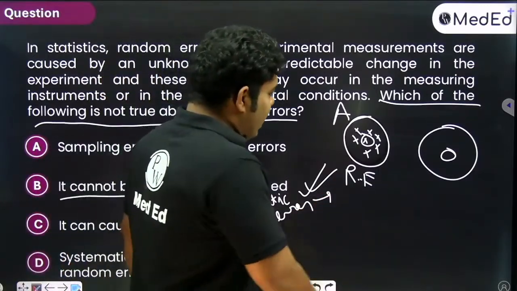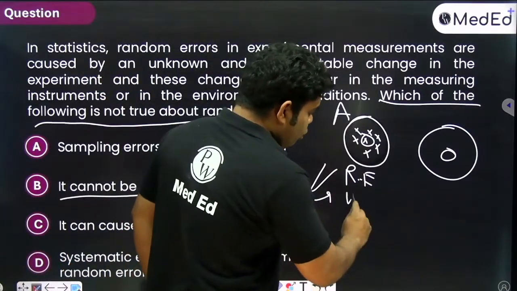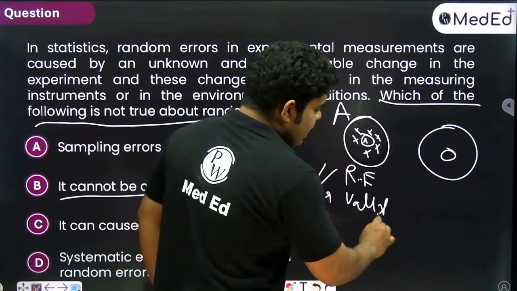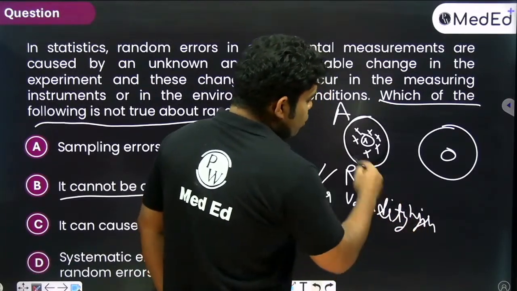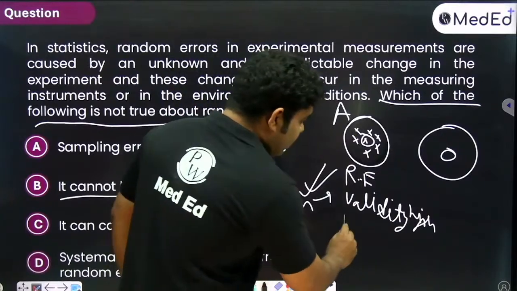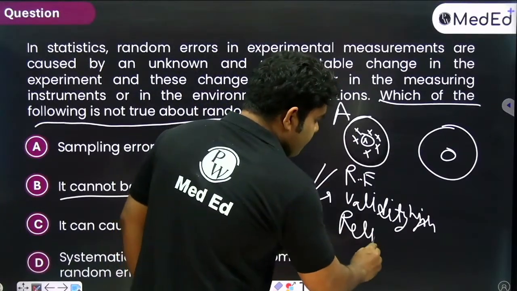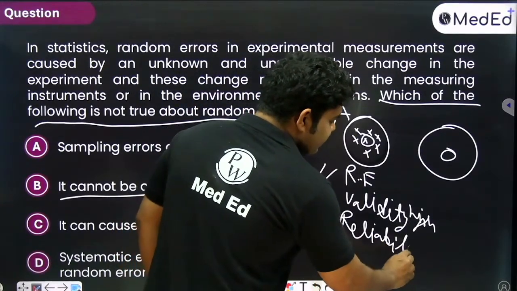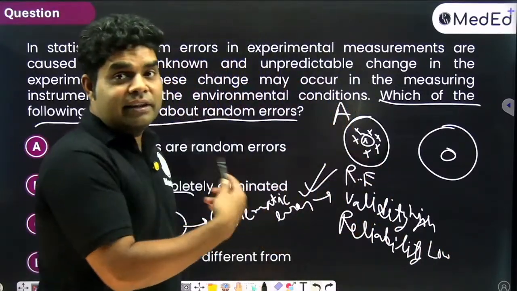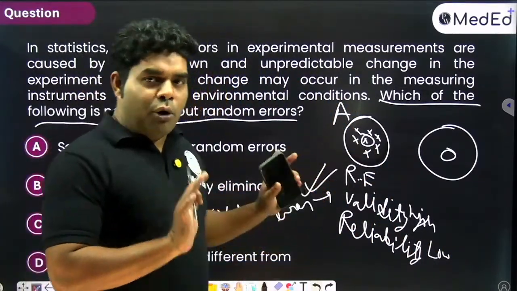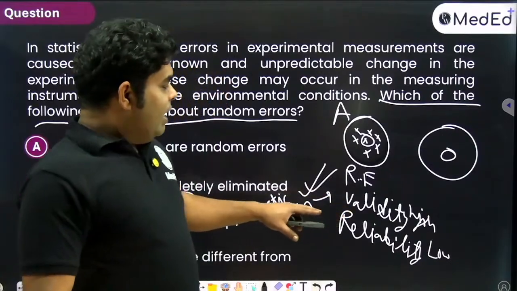And in this case, A knows how to throw. So he has the accuracy. Validity is high. But you don't know where he will hit. So reliability is low. Because he is not precise. Reliability means precision. You cannot tell where he will hit the next time. But you know he knows how to throw. This is reliability. Validity high, reliability is low.